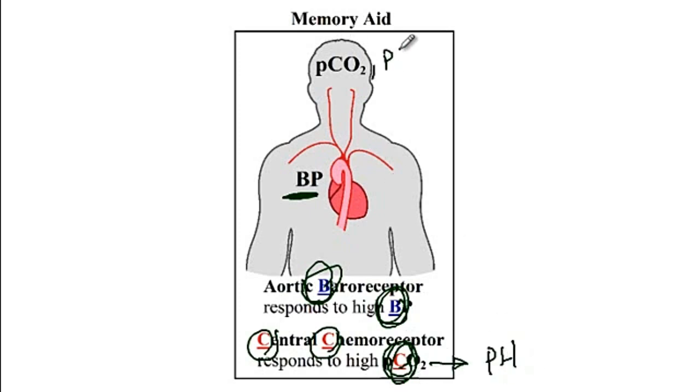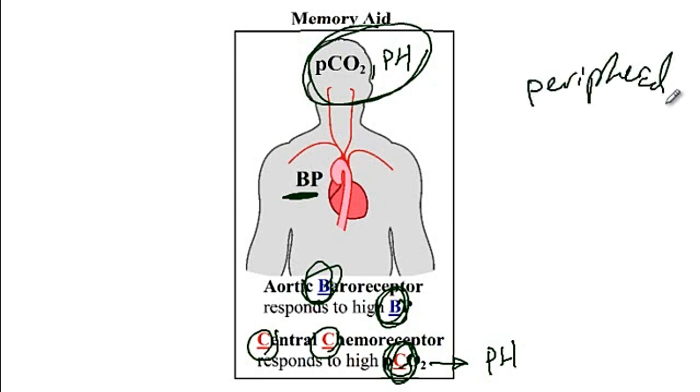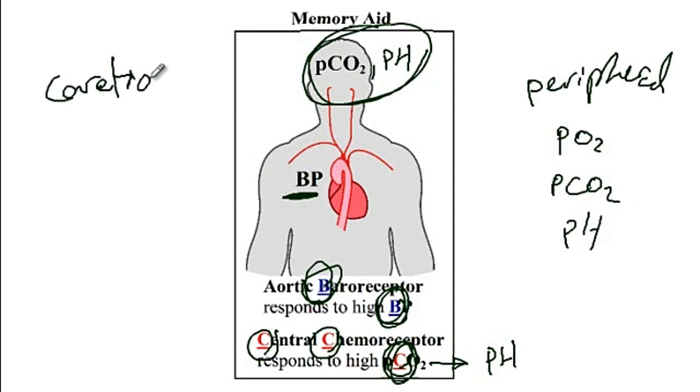So PCO2 and pH are the ones acting on the central chemoreceptors. And then the peripheral chemoreceptors will respond to everything, PO2, PCO2, as well as pH, versus the carotid baroreceptors, which also respond to everything, both high blood pressure and low blood pressure.